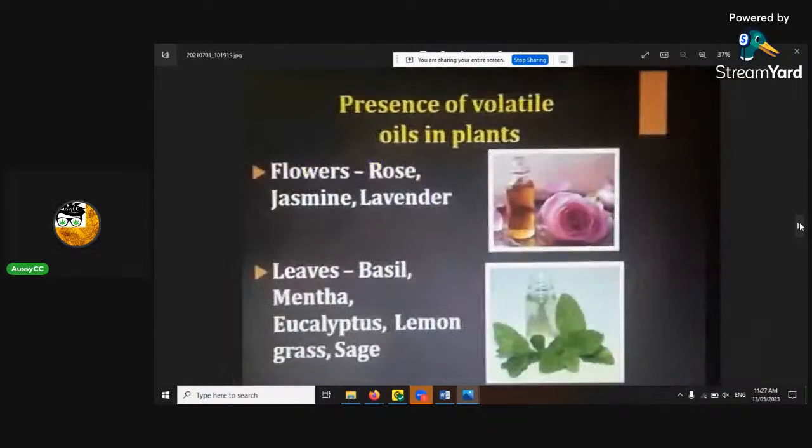The presence of volatile oils in plants: they're in the flowers and the leaves. As you know, there's heaps more in the flowers, and in those plastids before, they're also stored there. In the dermal tissue, there are other places where they can be stored too.